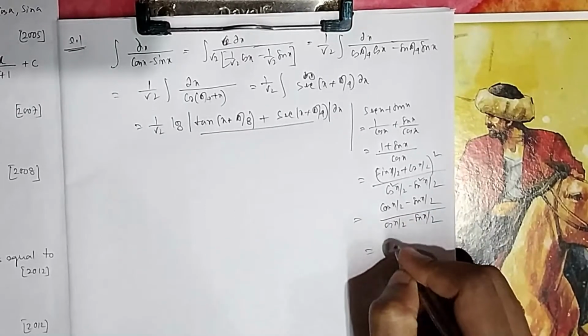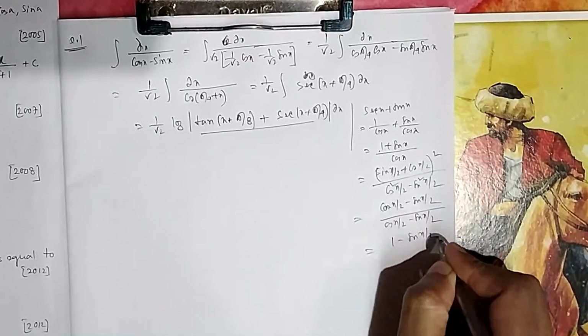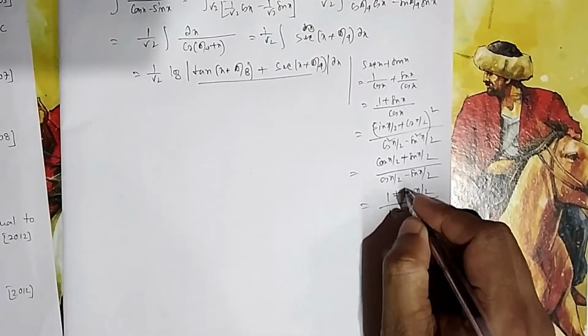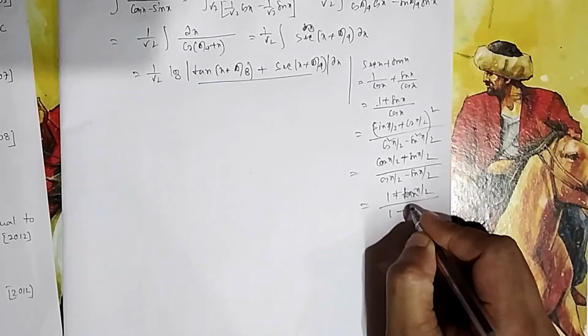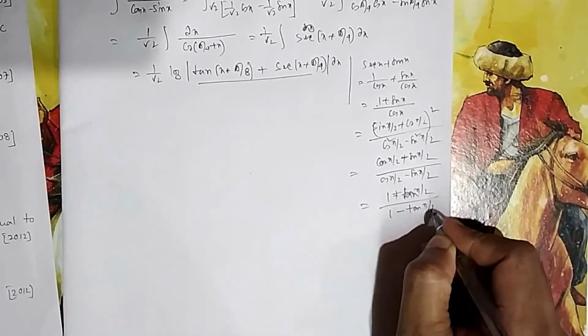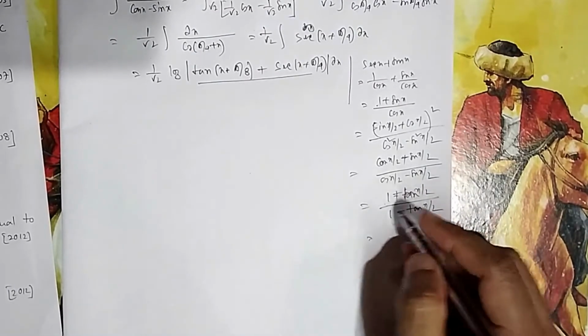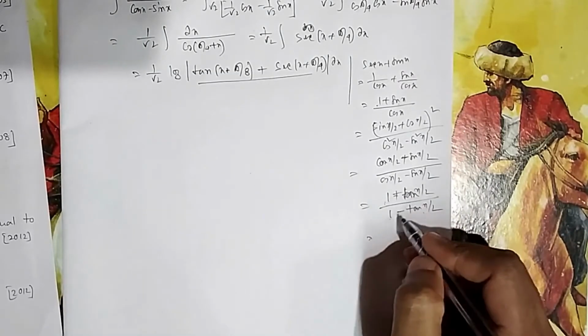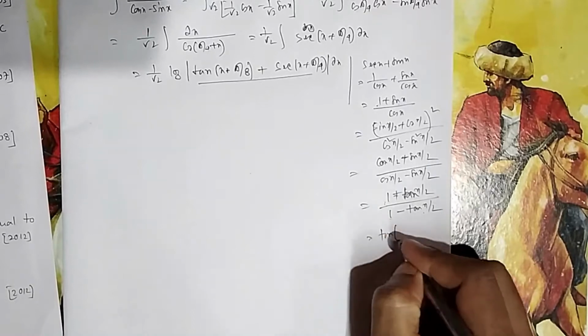Again if you divide by cos x by 2, it becomes 1 plus tan x by 2 by 1 minus tan x by 2, and instead of 1 you can write tan pi by 4, so it is tan pi by 4 plus tan x by 2 by 1 minus tan pi by 4 tan x by 2, which is tan a plus b by 1 minus tan a tan b.